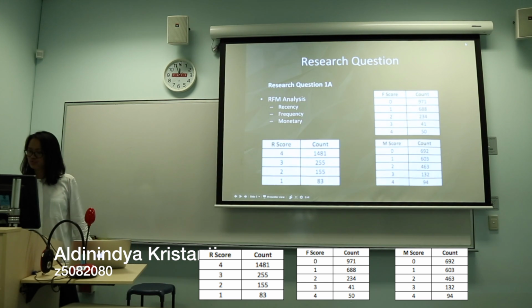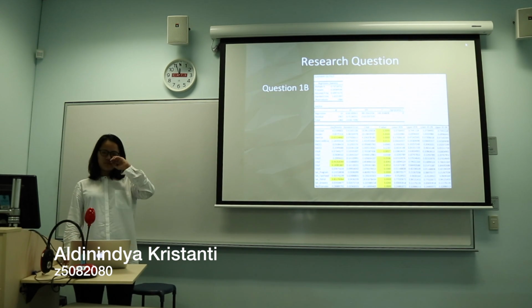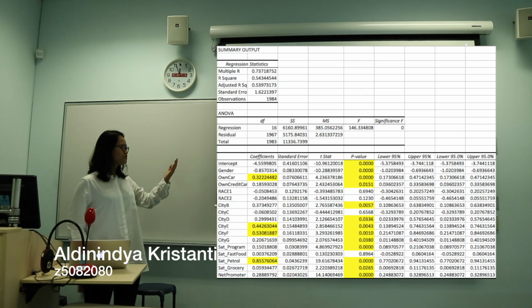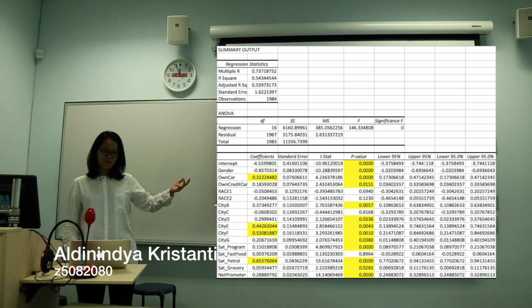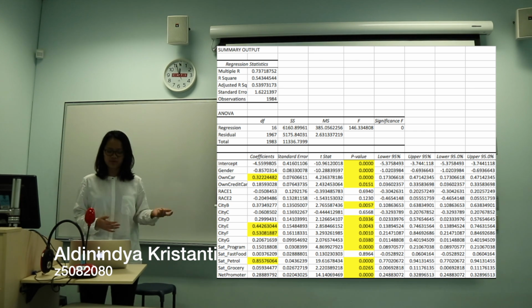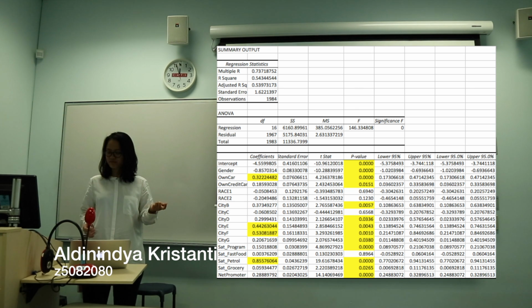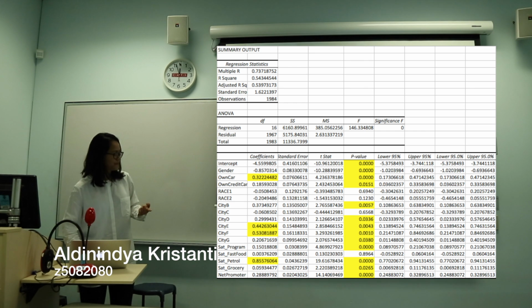Moving on to question 1B. We used regression to find out which variables, between characteristics, satisfaction points and willingness to promote, significantly affect customers' RFM scores. From the result we know that not everything is significant.